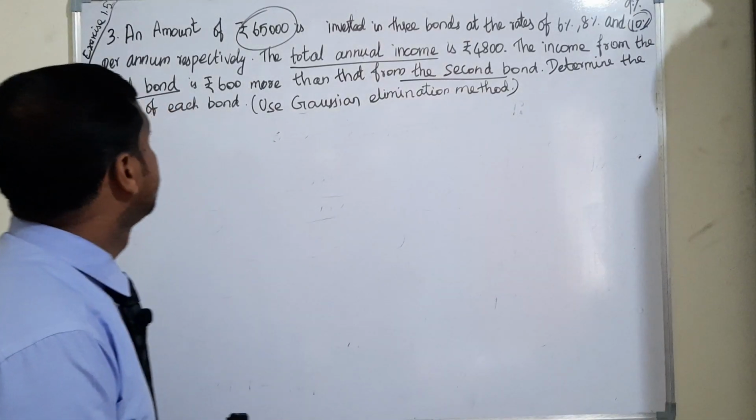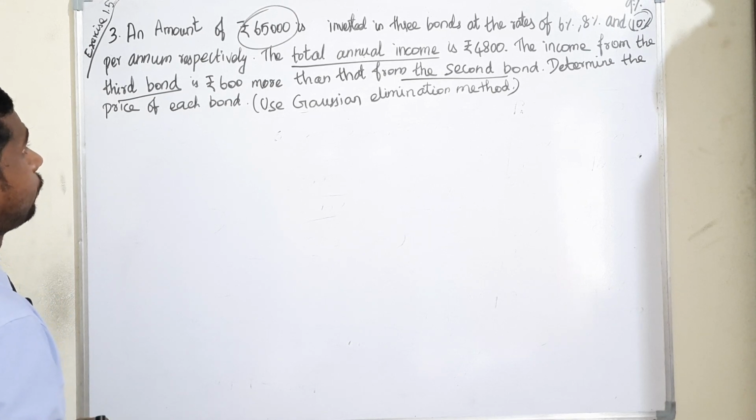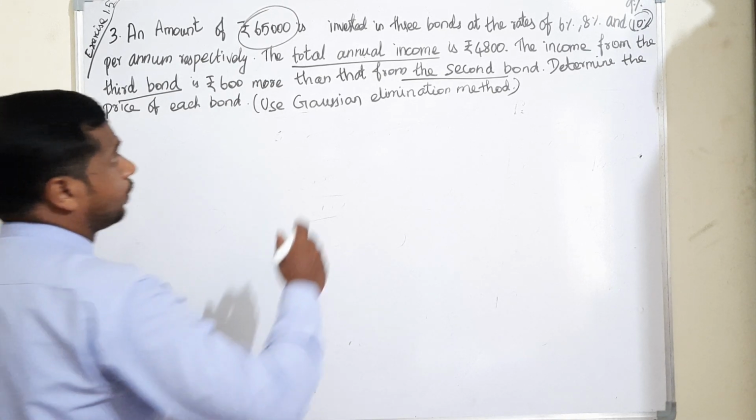Okay, I'm moving to exercise 1.5, question number 3. An amount of rupees 65,000 is invested in 3 bonds, isn't it?